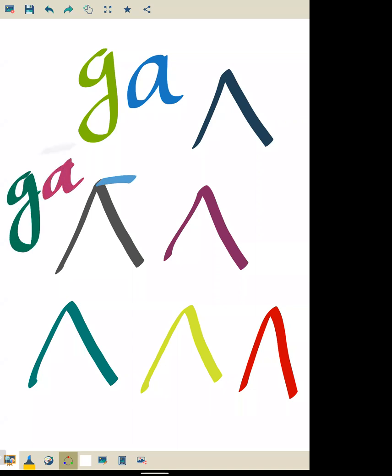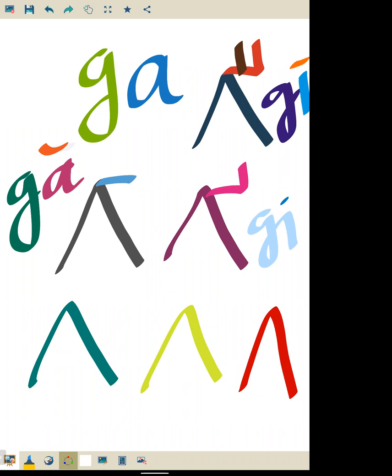Suppose gi. This is gi. Long gi, long e. And gu. See here. The same procedure like ka, because the shape is not round at the bottom. Long u. The same procedure.